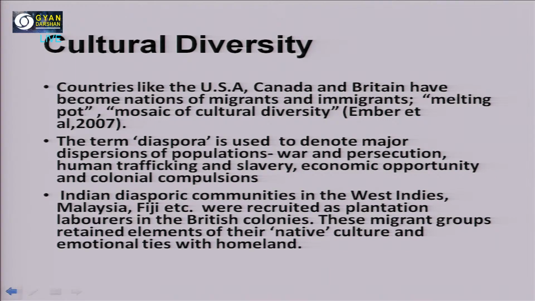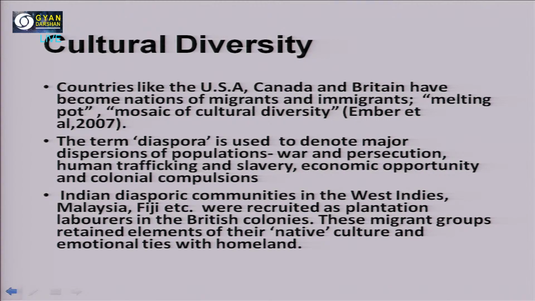We find that countries like the USA, Canada, Britain, have become nations of migrants and immigrants. And the term melting pot or mosaic of cultural diversity is often used to describe these societies. You will also be familiar with the term diaspora.